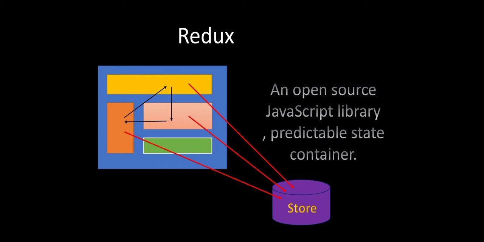For example, this is the model of our present app, and we are sharing data among these three components simultaneously. If we write the code manually for this, it is going to be a little difficult to maintain. So this job is done by Redux.